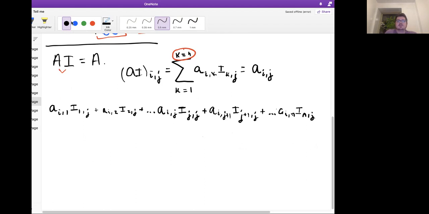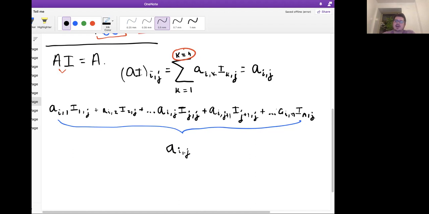So let's think about this whole sum. This is all supposed to sum up to Aij. And that's kind of unbelievable, right? It's a lot of things in that sum. And this is saying for every single matrix of appropriate dimension, for every single entry, this is going to add up to Aij.